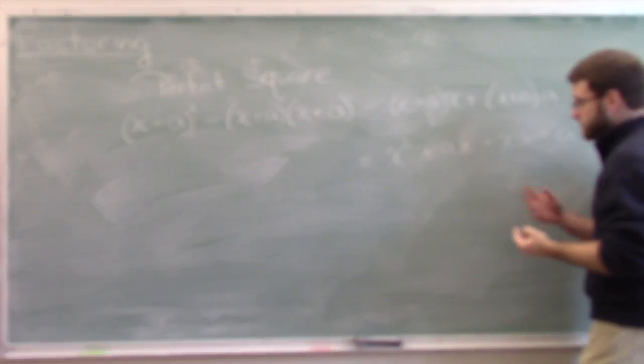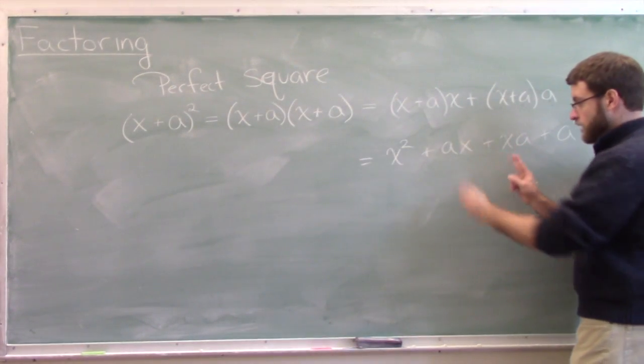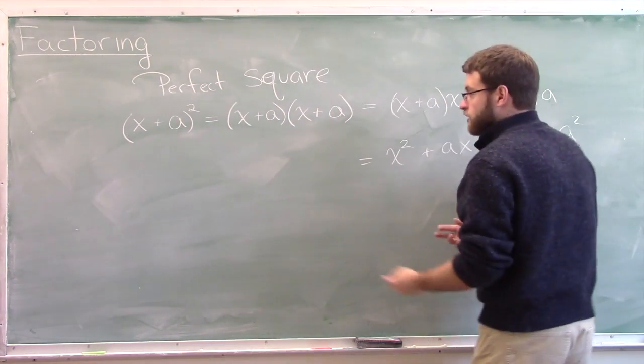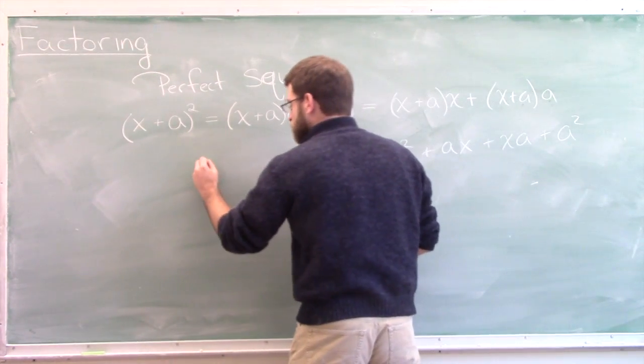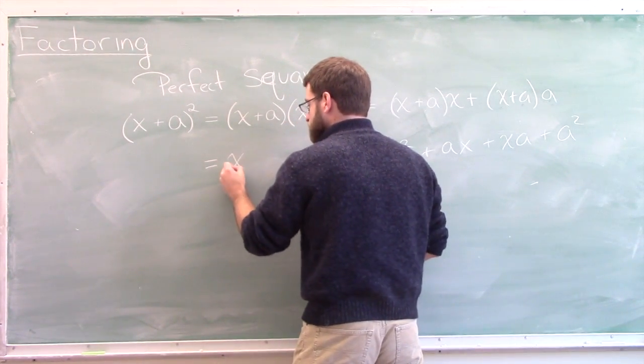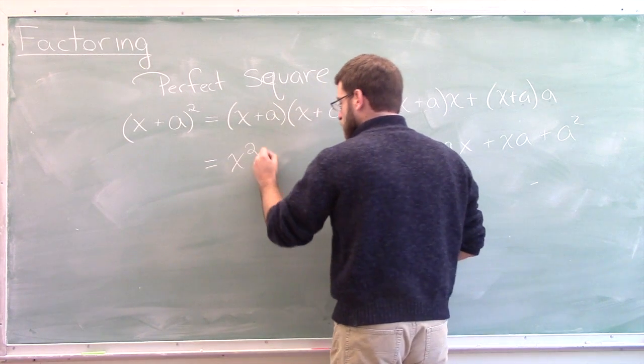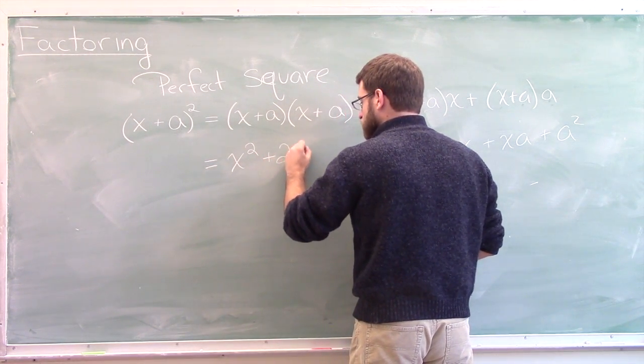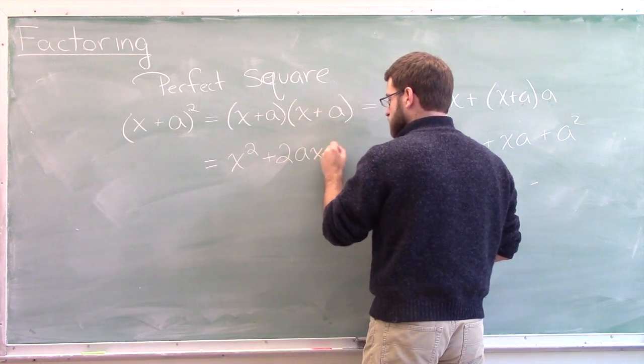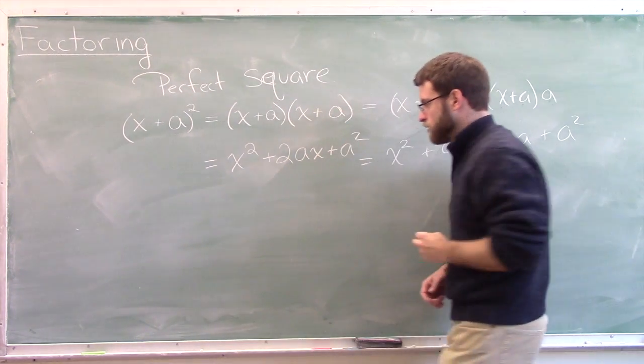Right? And now if I use the commutative property and combine like terms, x plus a quantity squared has the standard form x squared plus 2ax plus a squared. Right?